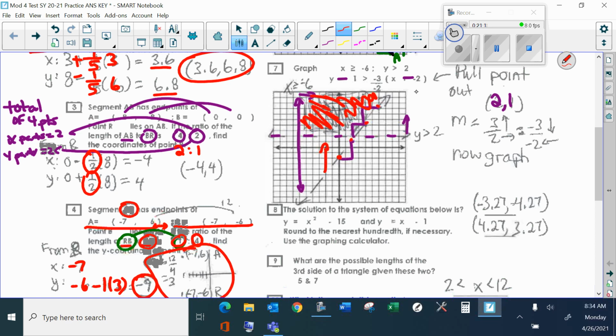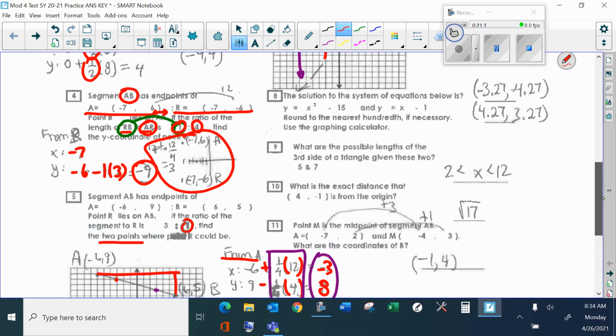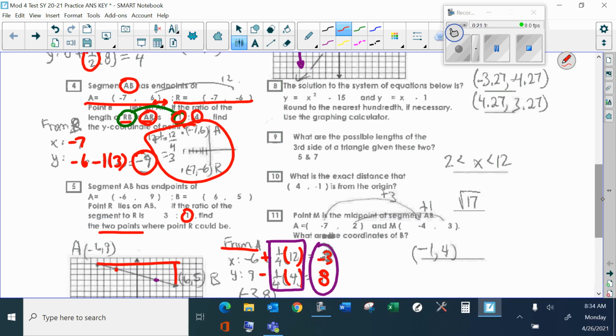Okay, number 8. The solution to the system of equations below is what? Round to the nearest hundredth if necessary. So I plug that in my graphing calculator, in the y equals. Then I hit second calc, number 5, which is intersect. Hit enter, enter, enter.